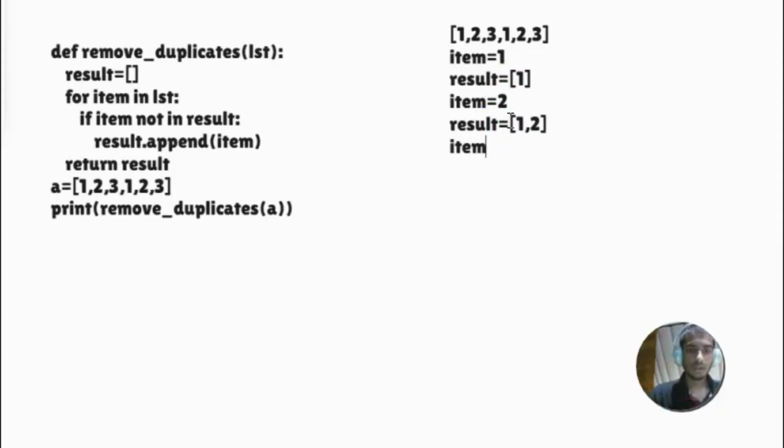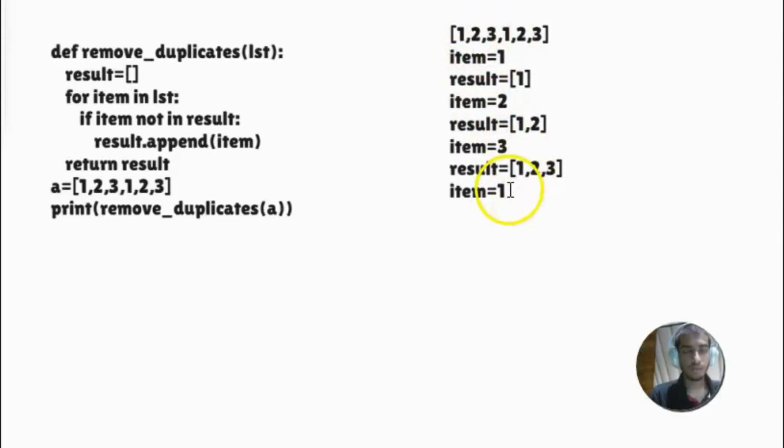So let's go to the third iteration. Then I'm going to check it. The condition is going to be true, so it's going to append the third item also. And let's move to the next iteration, item equal to 1 again.